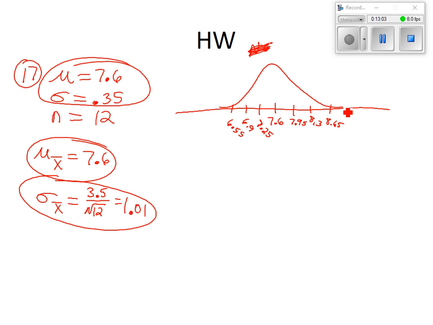If we're taking all these samples, samples of 12, and we're finding the mean of each one, so the sample means, and we make a curve out of it, it's going to look something like this. I'm going to put 7.6 right here in the middle again, and then 7.95, and then 7.25 on this side, and it's going to keep going. I'm not going to draw all the rest of those out.